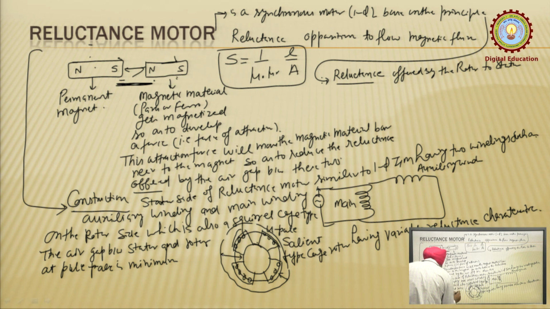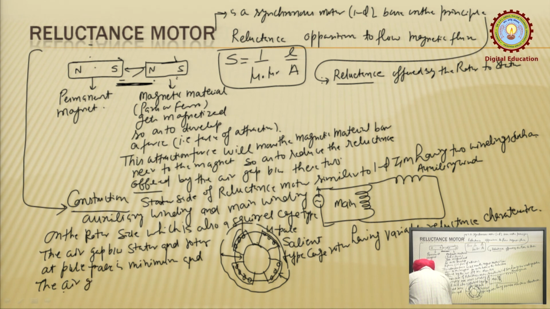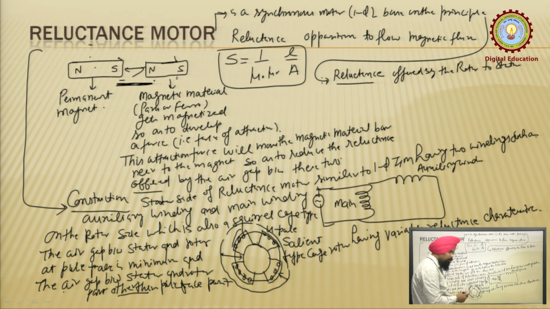At the pole faces the air gap is minimum, and the air gap between stator and rotor at positions other than the pole face is large.